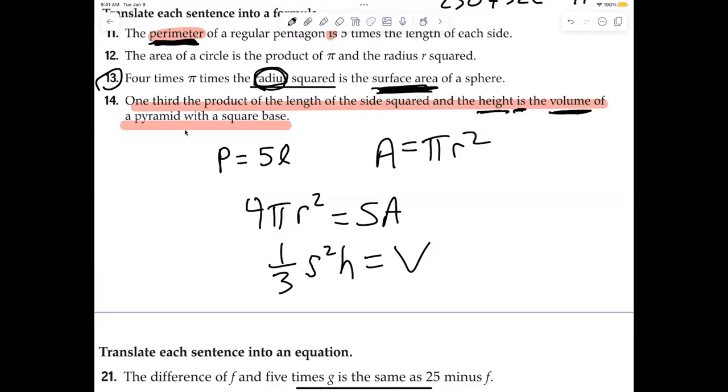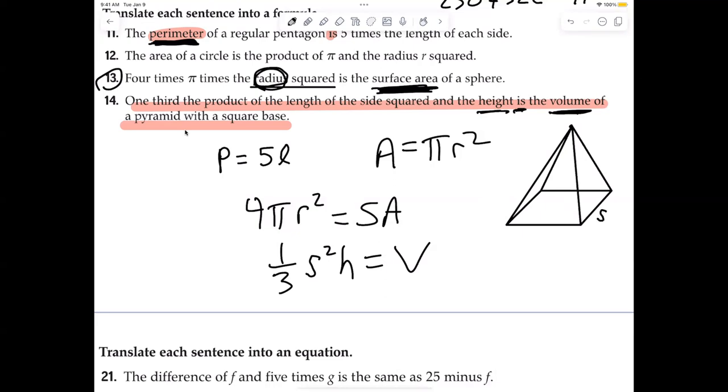All right, so the square pyramid would look something like this. Let me try to show you what this is. I'm trying to draw a square pyramid for you. Please take a look, it might be helpful. Does that kind of look like a square pyramid?